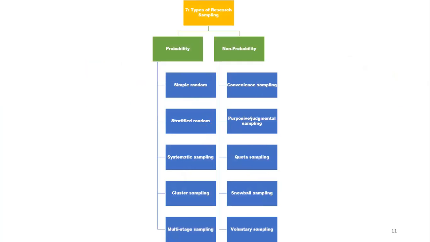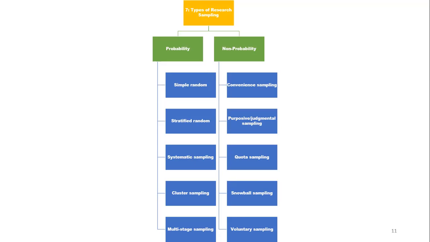Now, the seventh one is types of research sampling. We have the probability and the non-probability. How do we explain this? The probability is just on the chances. Those samplings that are made on the chances of selection. When it is probability, it means the chances of selection are not known to the researcher.